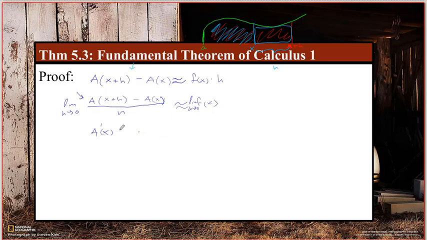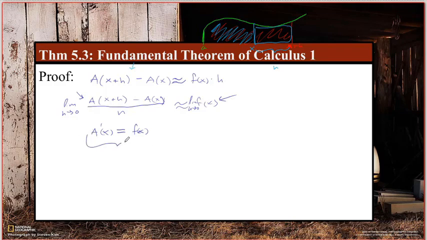And what we're saying is, really at this point I don't need to use an approximation because we're talking about the limit, and once we've taken the limit, these become the same. Now the reason, if you think about what's happening on the right as h goes to 0, well, there's no h involved here anymore. So as h goes to 0, f of x doesn't change. f of x just stays f of x.